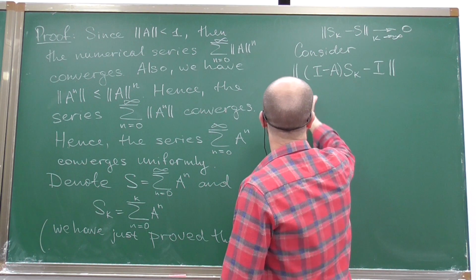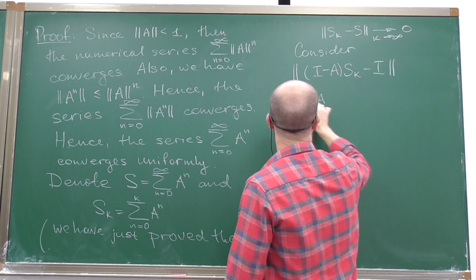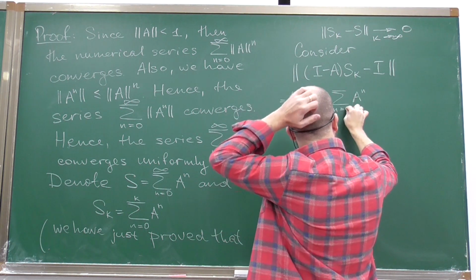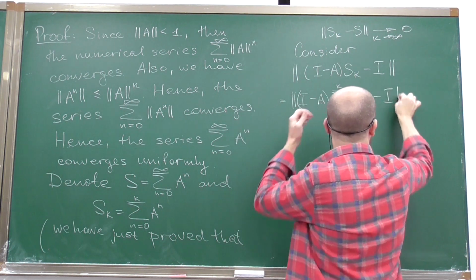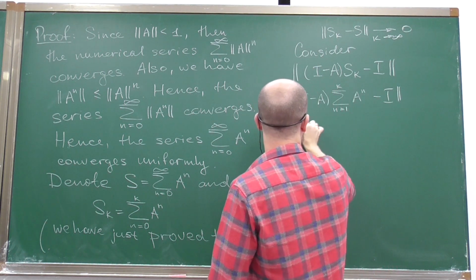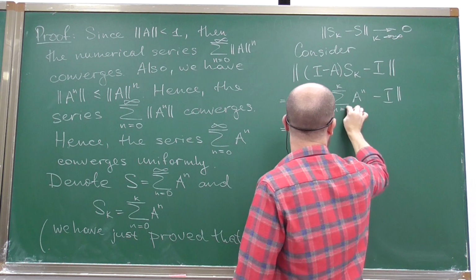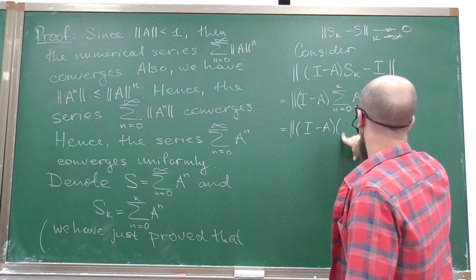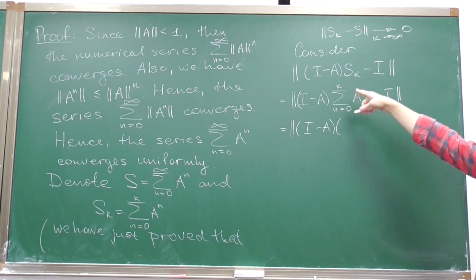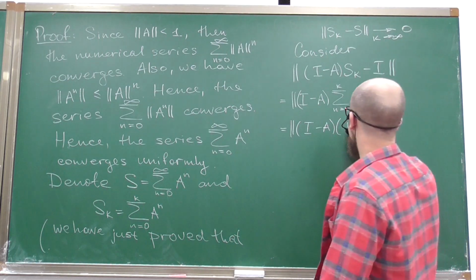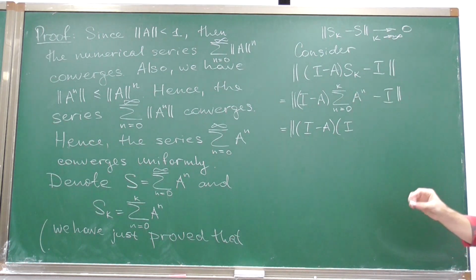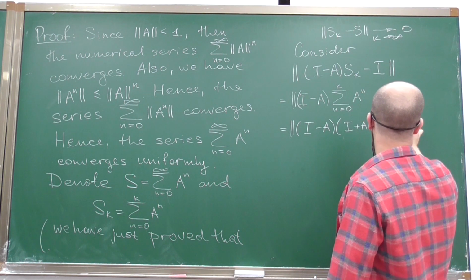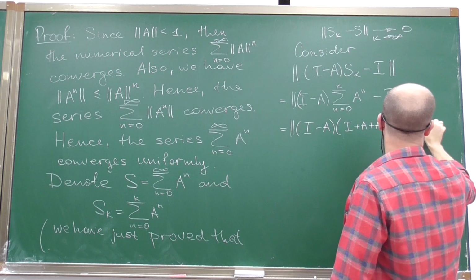So what we have here is identity minus A times the sum of A to the power of n. Let me write down the k plus 1 terms of this sum. So A to the power of 0 is by definition identity, plus A, plus A squared, plus up to A to the power of k.